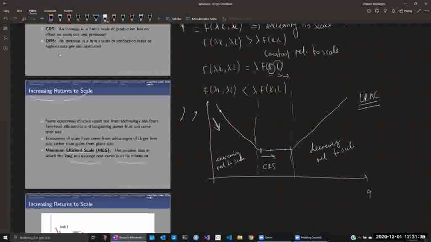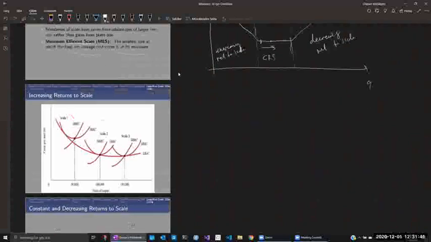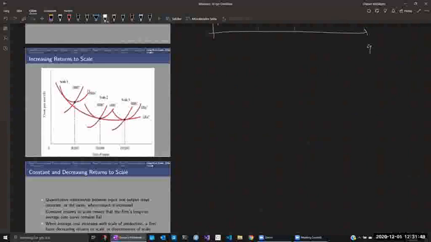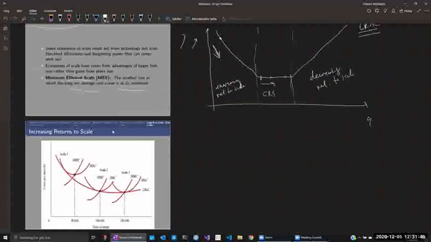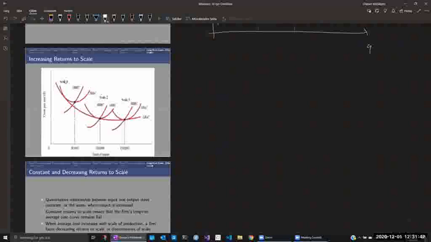Okay. So here within the long run, we might see infinitely many short runs, and each short run curve might correspond to a different level.